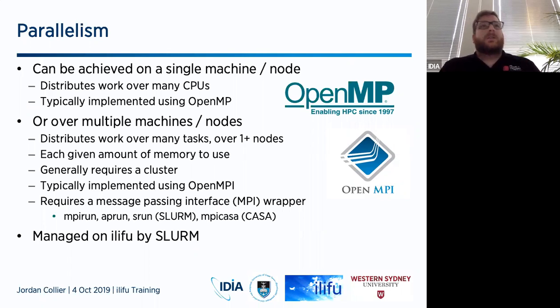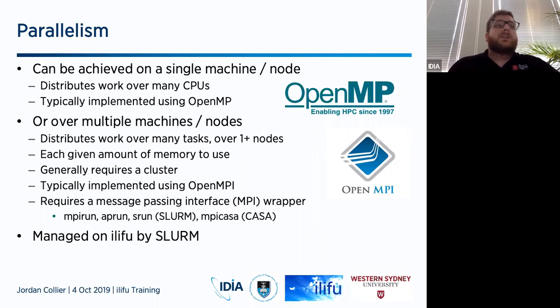Generally this requires a cluster, and generally it's implemented using OpenMPI, an open source message passing interface software. The message passing interface, or MPI, is what manages the communication of the jobs across multiple nodes, because they need to communicate with each other and know where they're up to and how they're going.